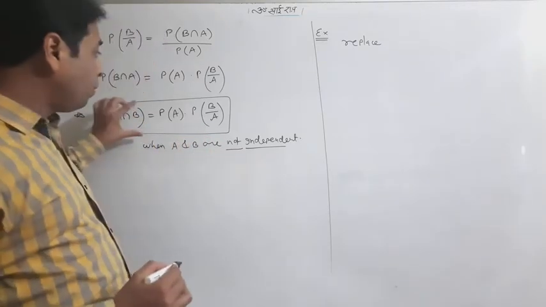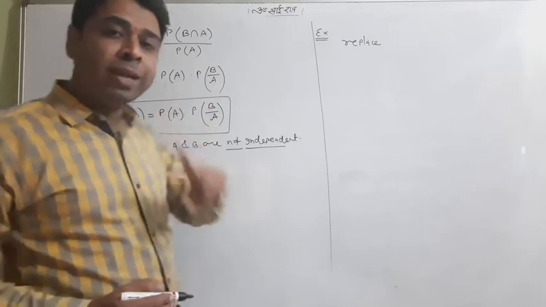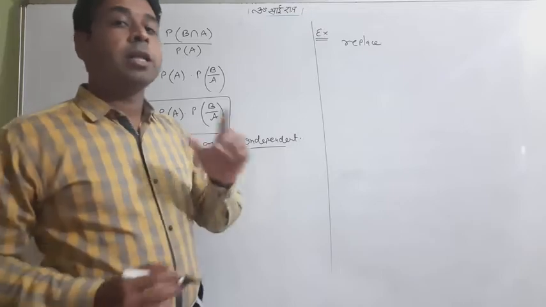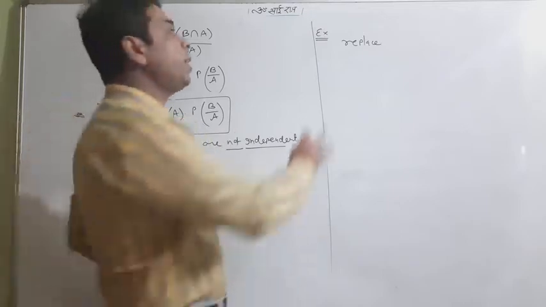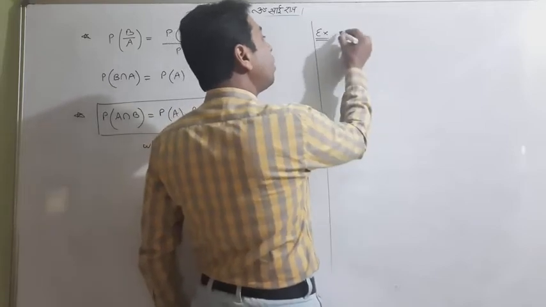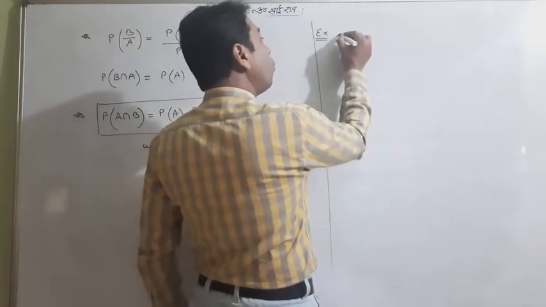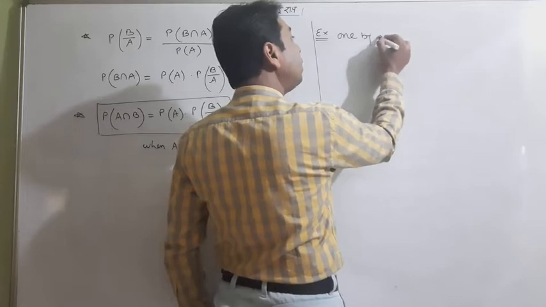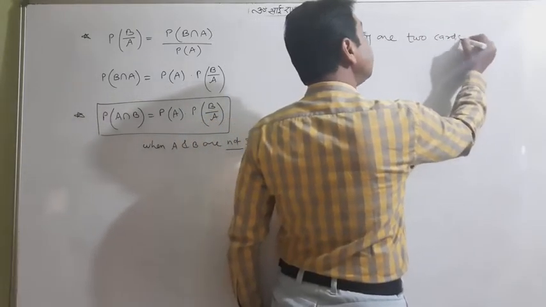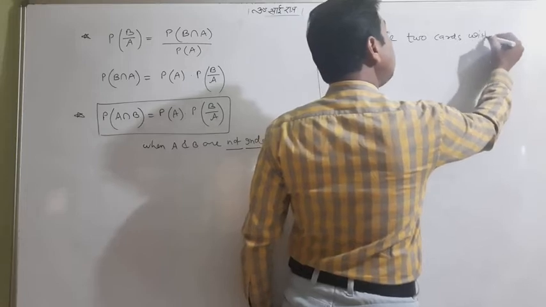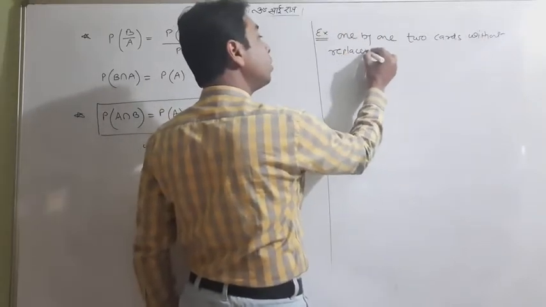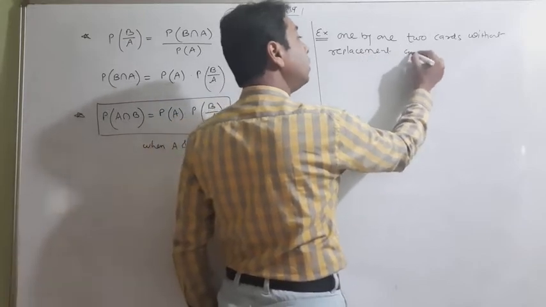So this formula will apply only when the events are not independent, meaning that time the cards will not be replaced. Okay, let me speak something. Suppose I write here: one by one, two cards without replacement are drawn.